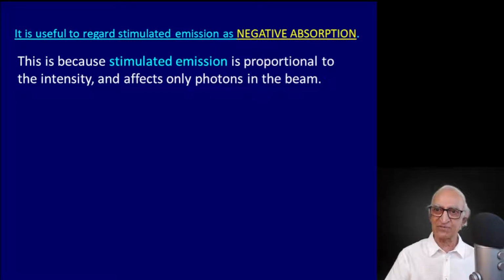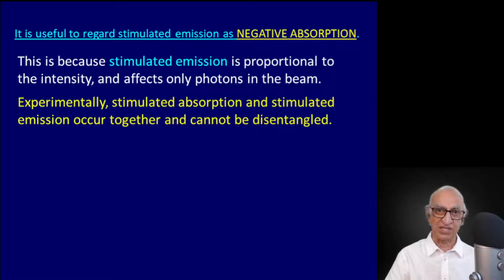Please remember that stimulated emission and stimulated absorption are both proportional to the incident radiation field at the frequency nu. Experimentally, you cannot separate stimulated absorption and stimulated emission. Both are taking place simultaneously.